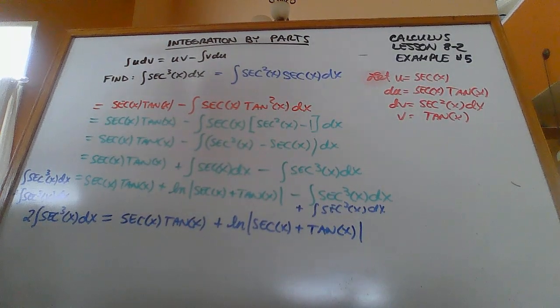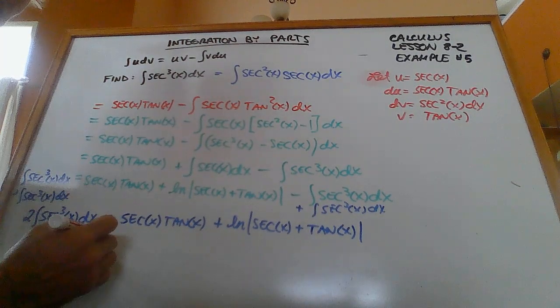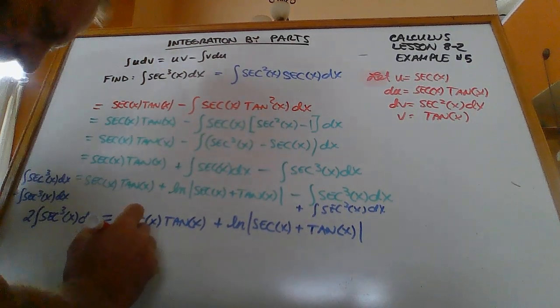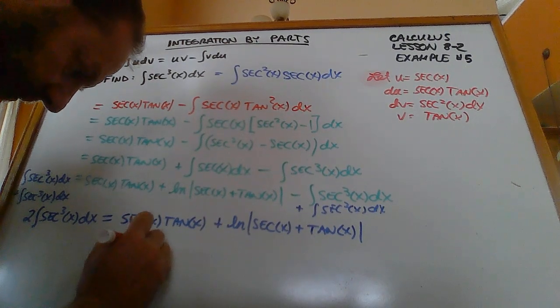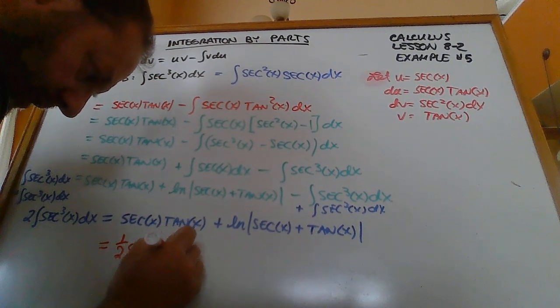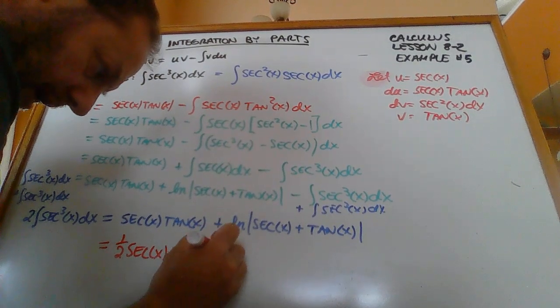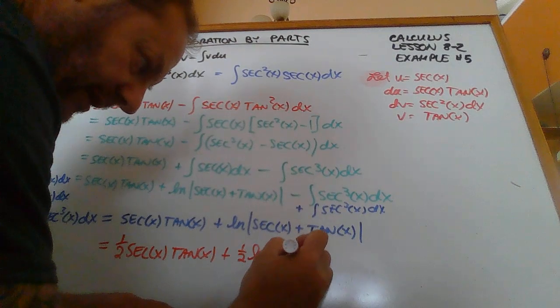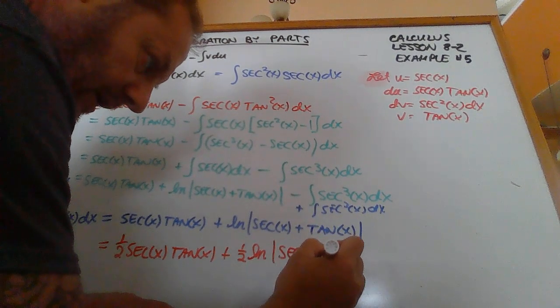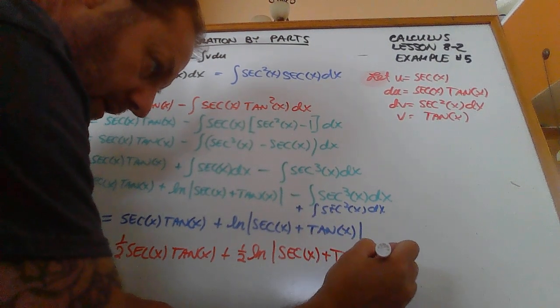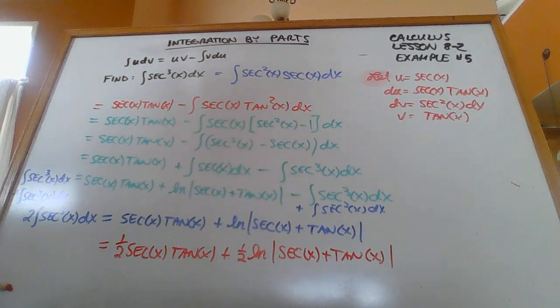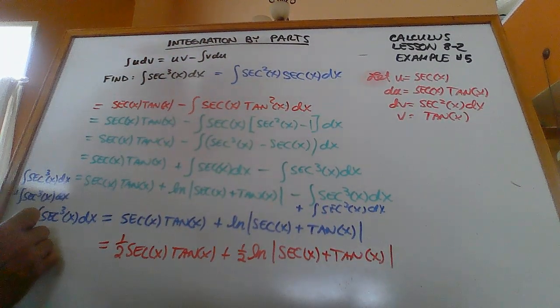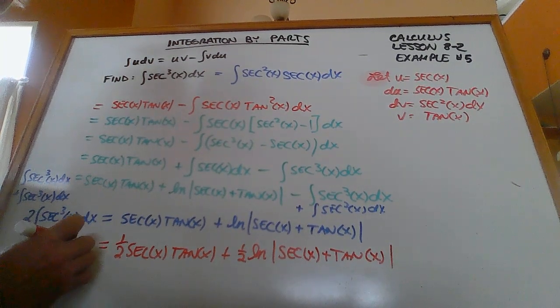And now all I have to do is divide by 2. And I get 1/2 secant x tangent x plus 1/2 natural log absolute value secant x plus tangent x. And this is equal to the integral of secant cubed x dx, which is what I wanted to figure out.